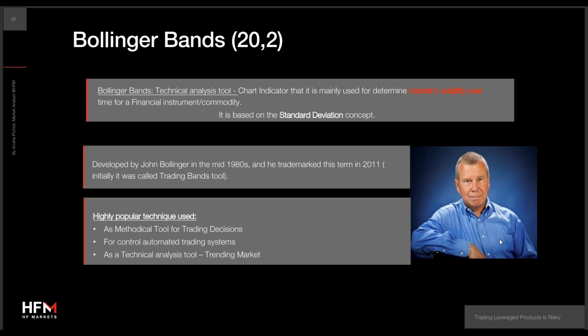Okay, and the mathematical concept behind it is standard deviation. So basically you can think of it as a volatility channel. It is a volatility channel. So we have three lines plotted on the price action.